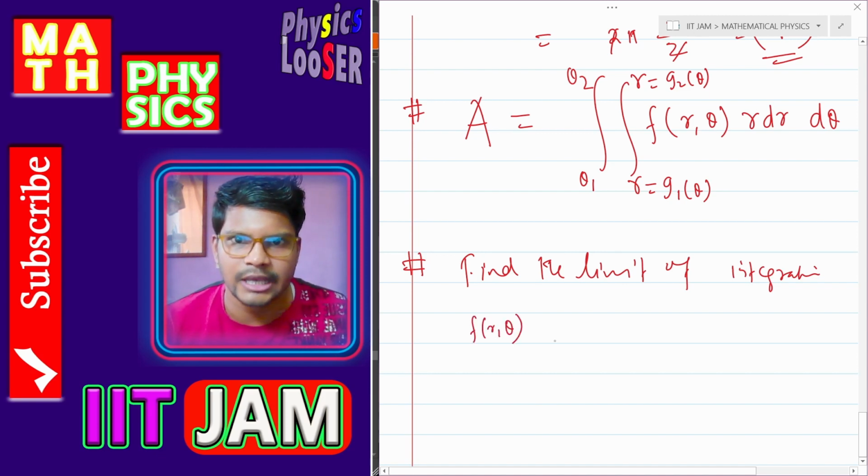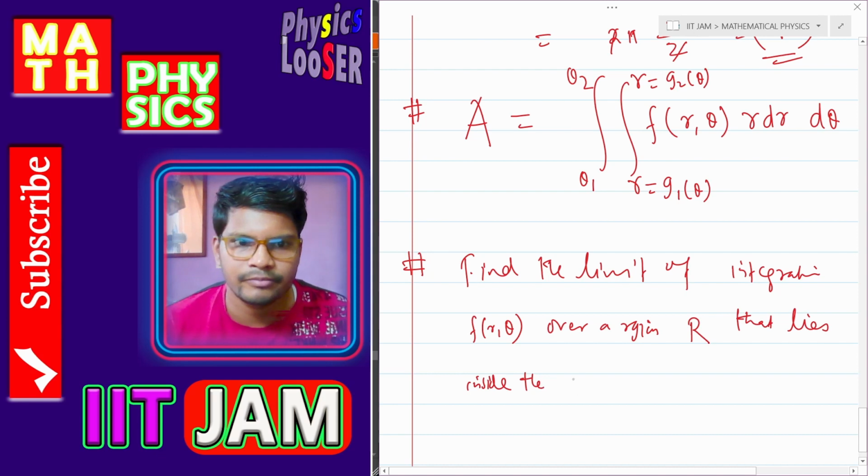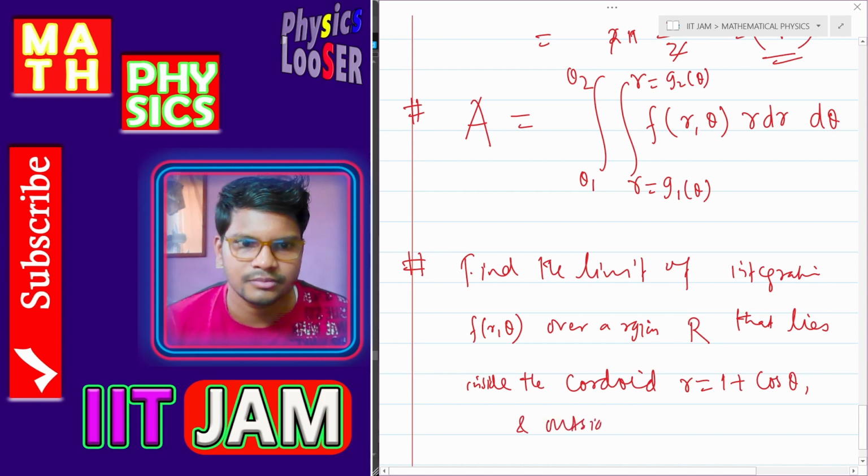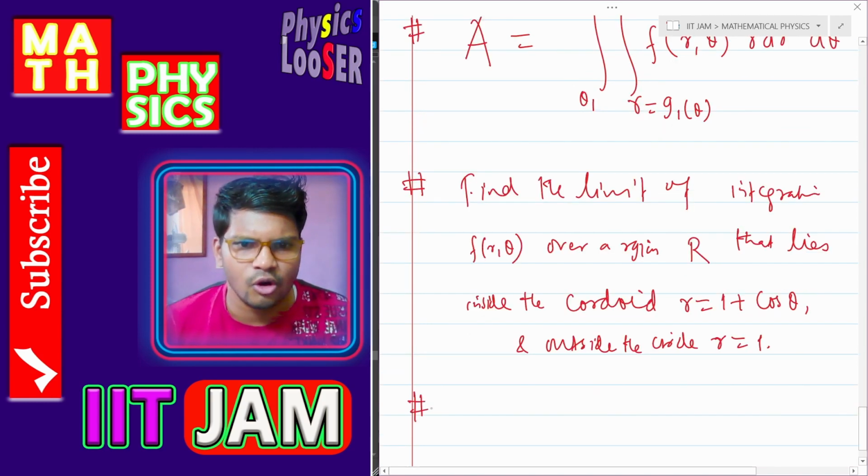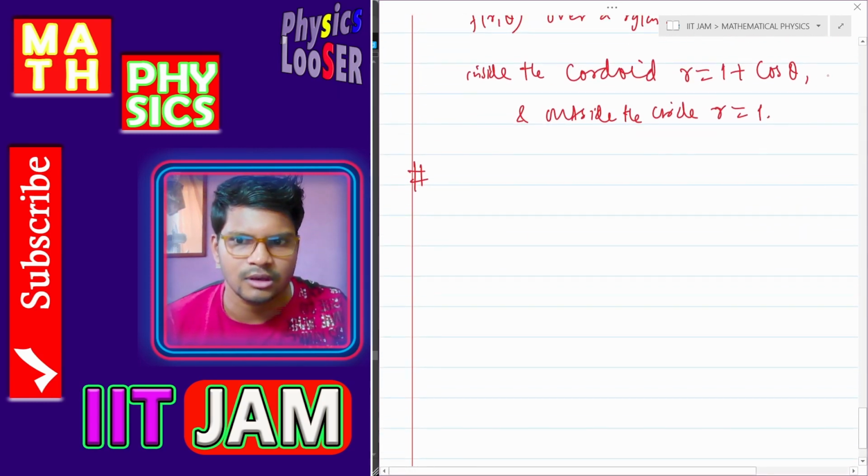There is some function, let us say f of r, theta, over a region R that lies inside the cardioid r is equal to 1 plus cos theta, and outside the circle whose radius is 1. So when you have the cardioid, how does the cardioid look?